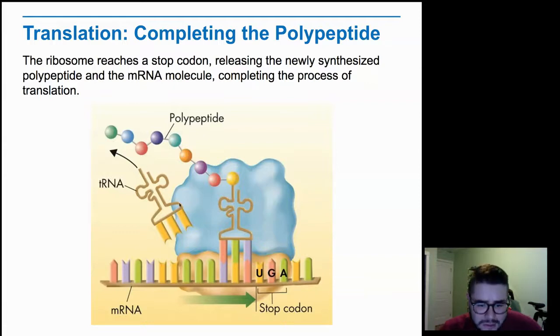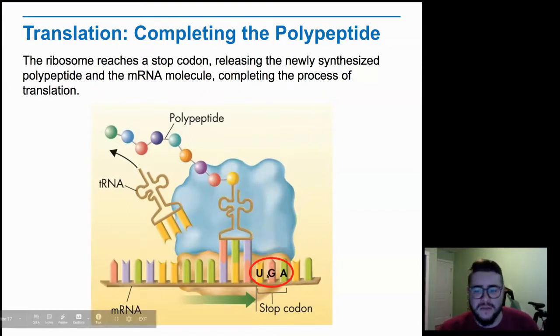And you can also see in this picture here that the tRNA molecule, once it gets ejected, it loses its amino acid. Then it has to go back into the cytoplasm, grab another one, and it can be recycled and reused. UGA right here, that means stop again. Stop means this is where the polypeptide gets cut off.